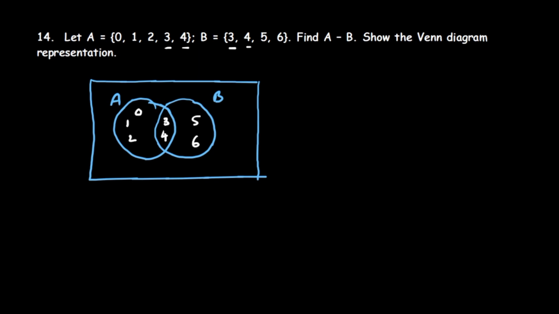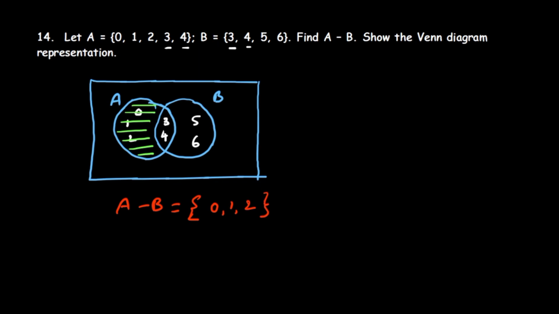Now A minus B they are asking, so for A minus B, if you shade this part, what are the elements in that? A minus B equal to the only elements in set A, that is 0, 1, 2. So this is the model here.